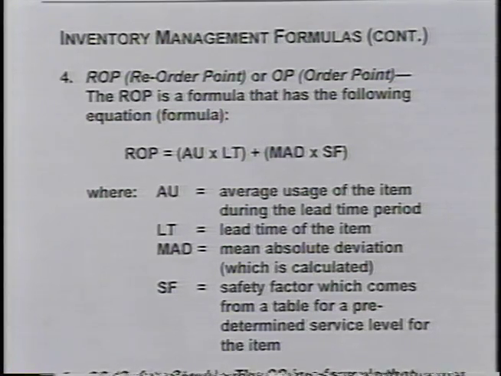Then that portion of the order point is called safety stock. So the order point is equal to average usage times the lead time plus the mean absolute deviation times the safety factor. All of this data is an integral part of the inventory management program addressing the question, when should I order?